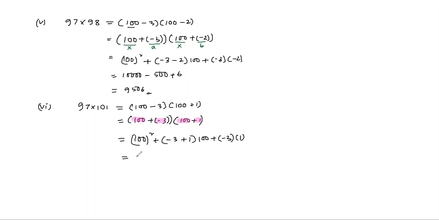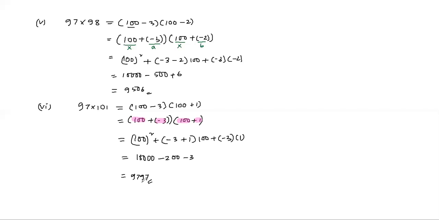So your answer is 100 square means this is 10,000, then this is minus 200, and this is minus 3. So it will be 10,800, but it will be, sorry, 9,800, 9,797. So this is the answer.